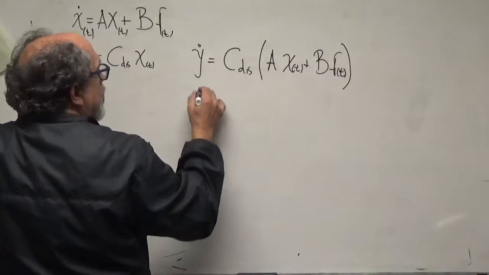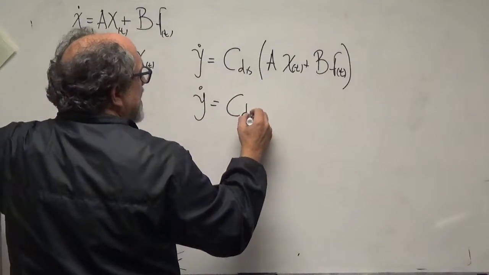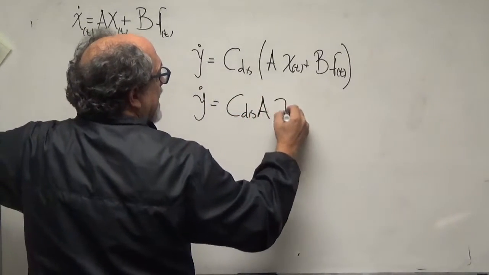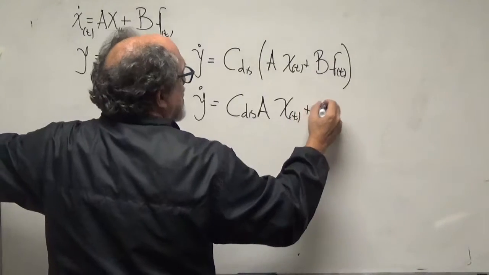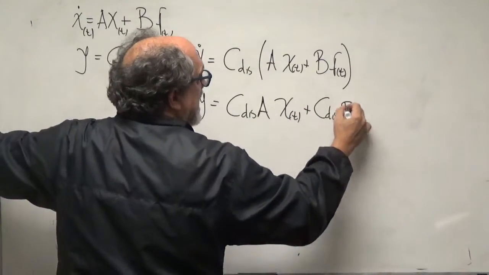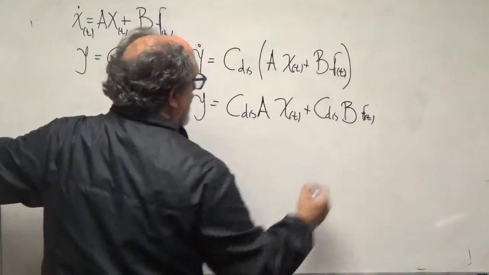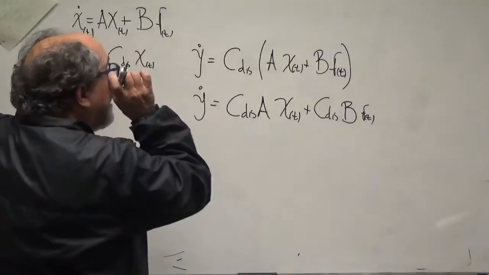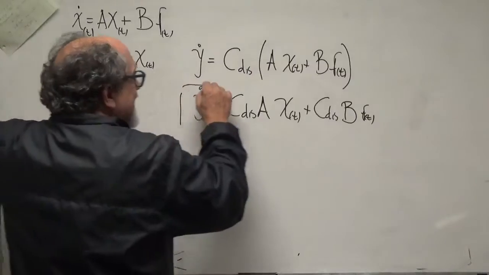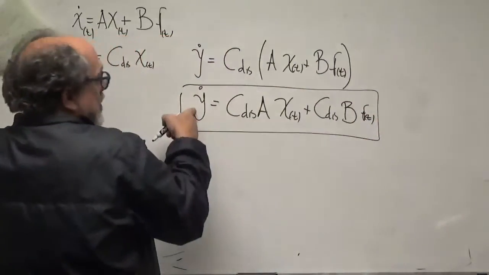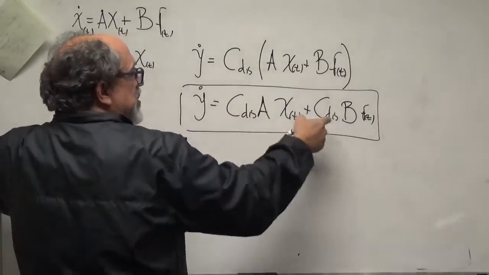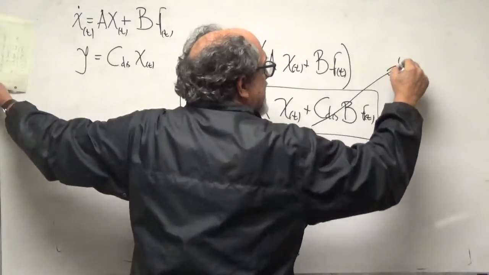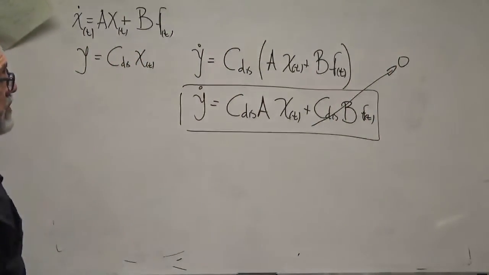So that would be that y dot is equal to C displacement times A times x(t) plus C displacements times B times f(t), right? In this case, this is a plot of velocity, and we know that for velocities there is no D, so that tells us that that product must be 0.